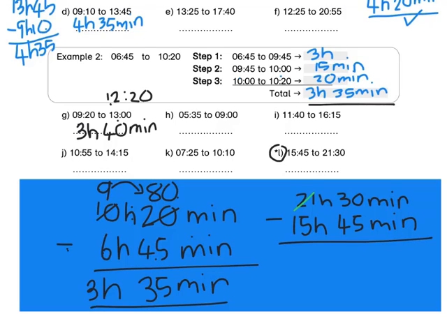So that becomes 20 hours, and we give a full 60 minutes to our minutes. 30 plus 60 gives us 90 minutes in total now. Now that we've done that, 90 minus 45 gives us 45 minutes, and 20 minus 15 is 5 hours. So our final answer is 5 hours and 45 minutes using the subtraction method.